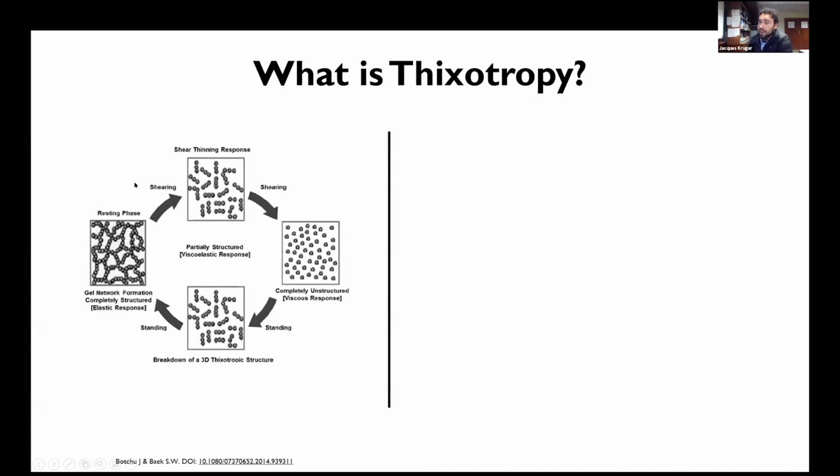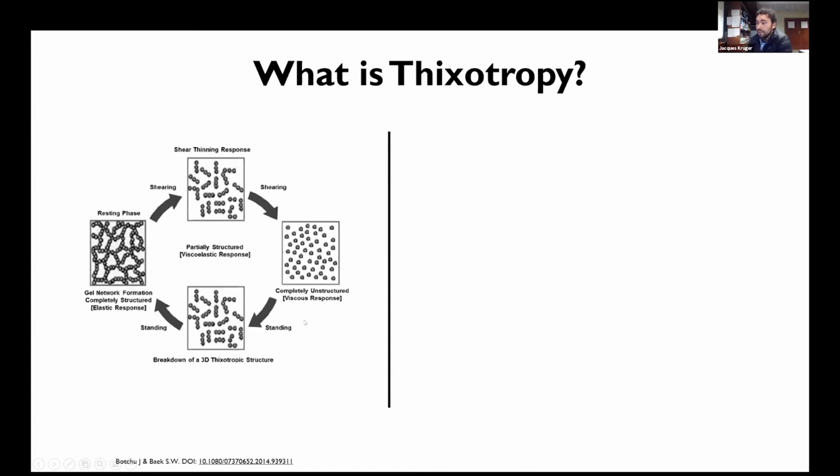If you add any type of shearing agitation, whether that's pumping or manual mixing or whatever the case may be, you get shear thinning. So the interparticle forces are broken down. If you continue with the shearing, then you get this completely unstructured microstructure. This is a viscous response, so it's more like a fluid when it flows.